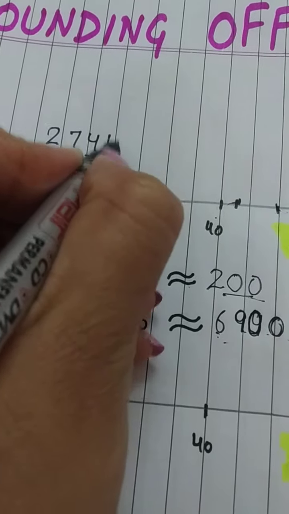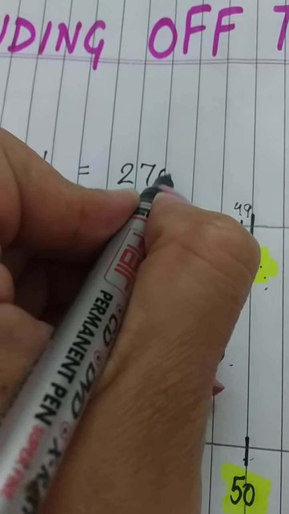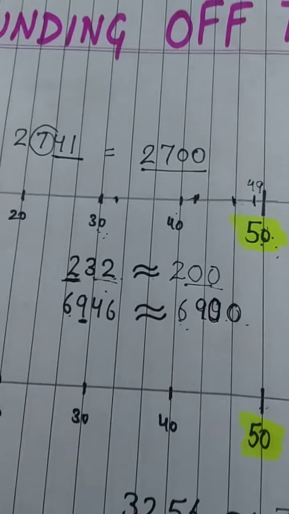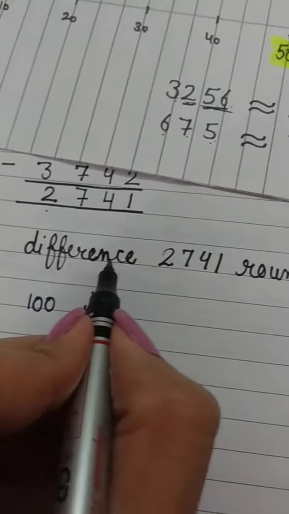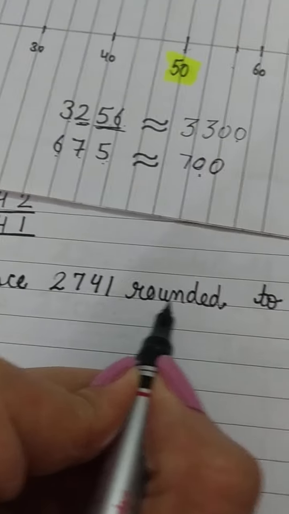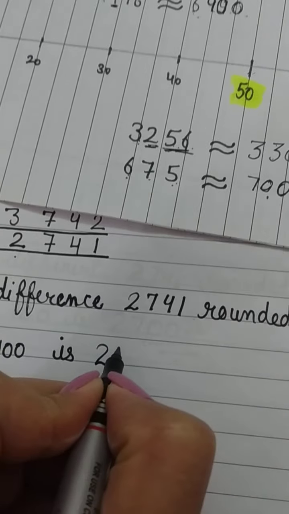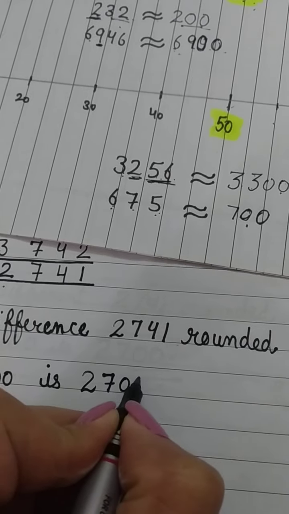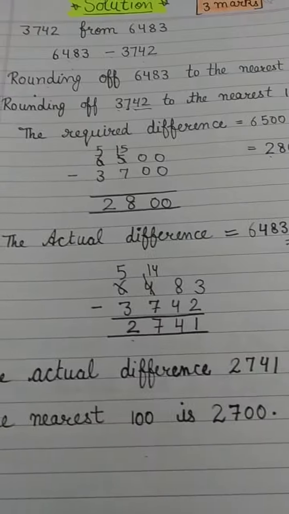The previous of 41 will be 700. So it becomes 2,700. So here we write the actual difference 2,741 rounded to the nearest 100 is 2,700. This is how we have done the solution.